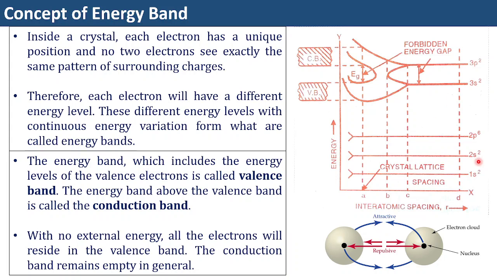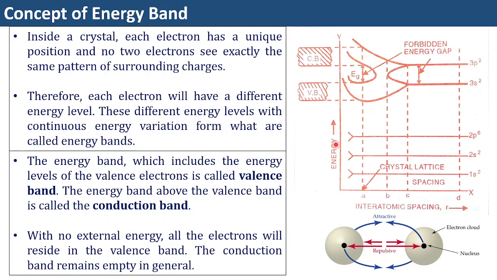Now we know that energy levels of atoms are discrete, for example, like this. But whenever they come close together, the energy levels start perturbing. For example, this energy level got split into two, this energy level got split into two, and ultimately you see there is no distinction between whether this is an energy level or an energy band. Okay. So I will explain this particular picture in greater detail.